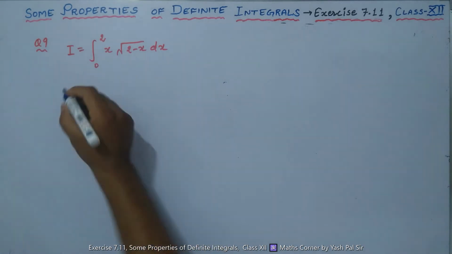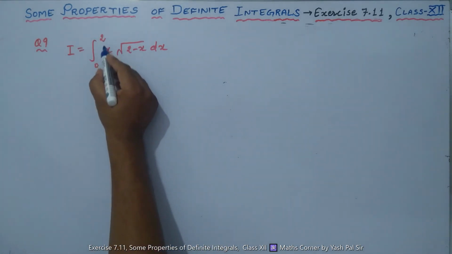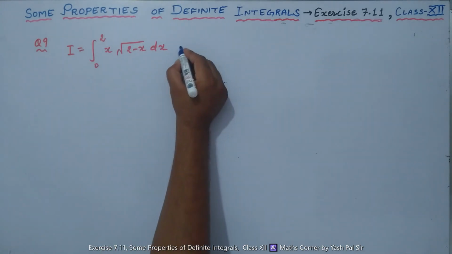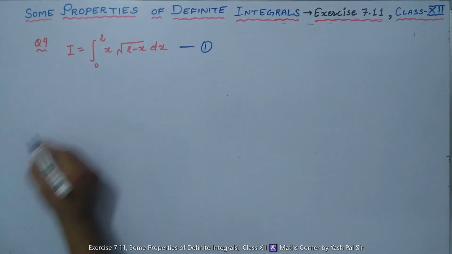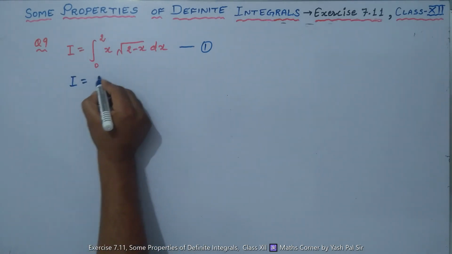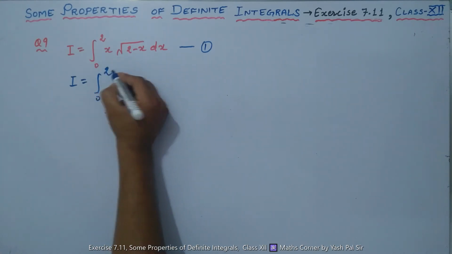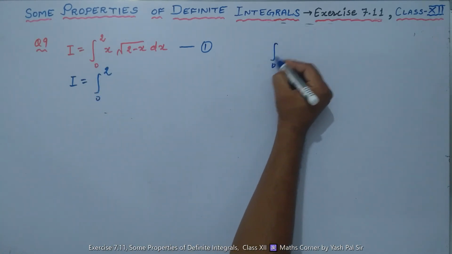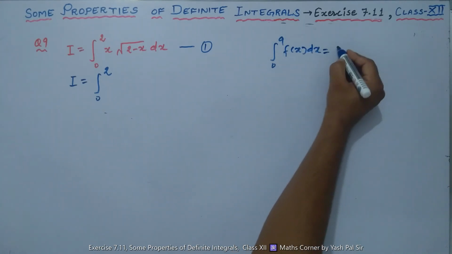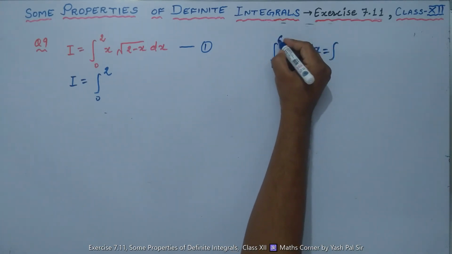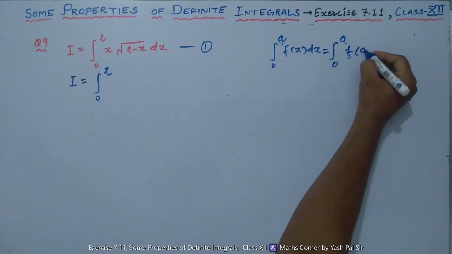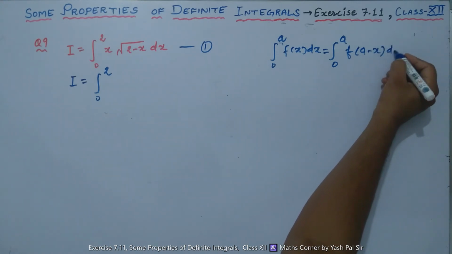Now coming to question number 9, I is equal to the integral 0 to 2 of x into square root of 2 minus x into dx. So first of all say this is equation number 1. Again we apply the same property: integral 0 to a of f of x dx is equal to integral 0 to a of f of a minus x dx.